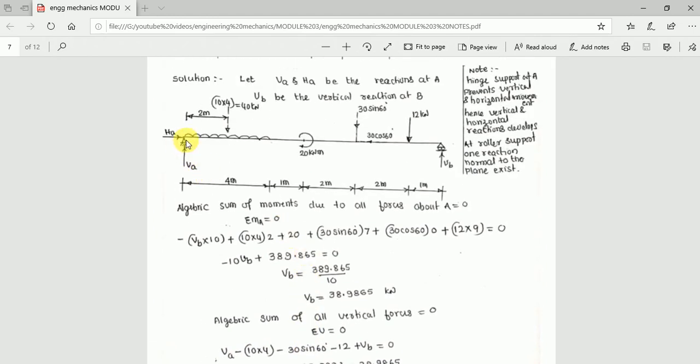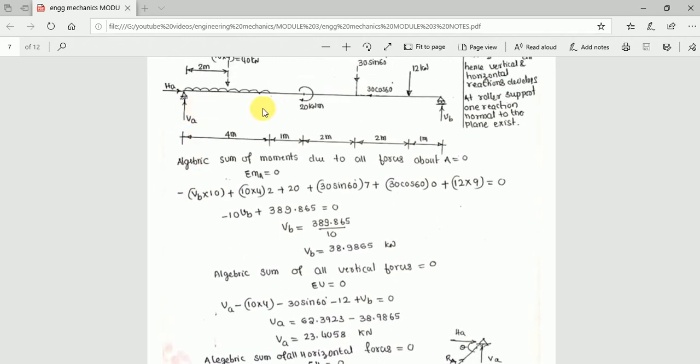So see here, one is the support reaction VA and VB. Because of this inclined force, one more support reaction comes into the picture, that is HA. Either you can take it as HA or you can write it as VH itself. Now equating the summation of horizontal forces to 0, that is, the algebraic sum of horizontal forces. This support reaction is acting in the right-hand direction, so it is taken as positive.